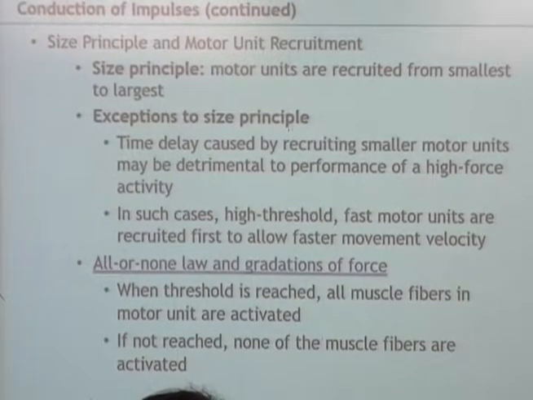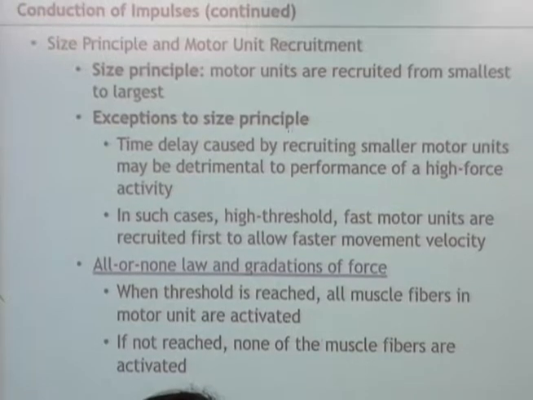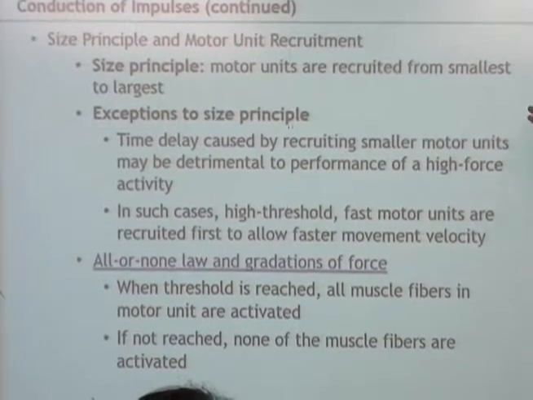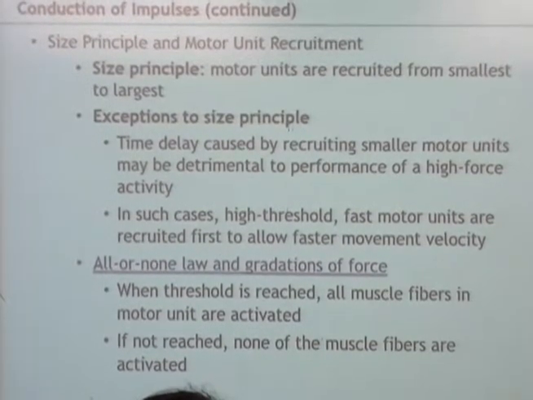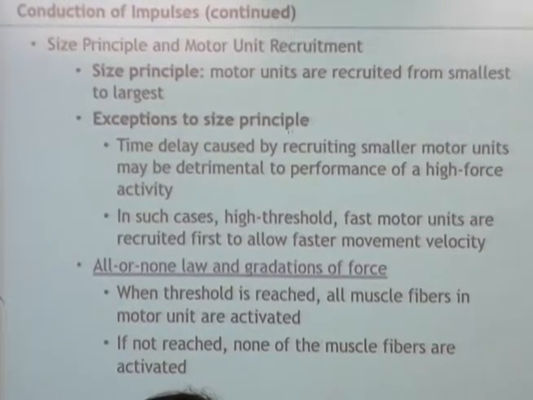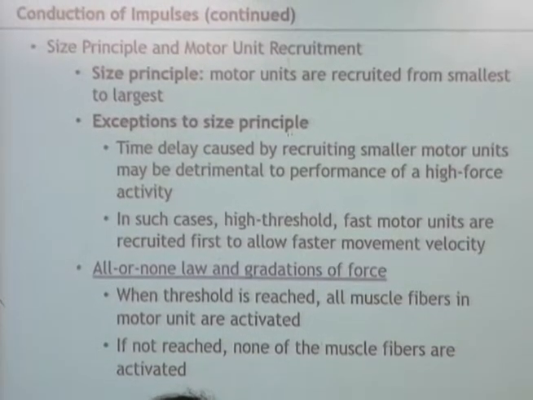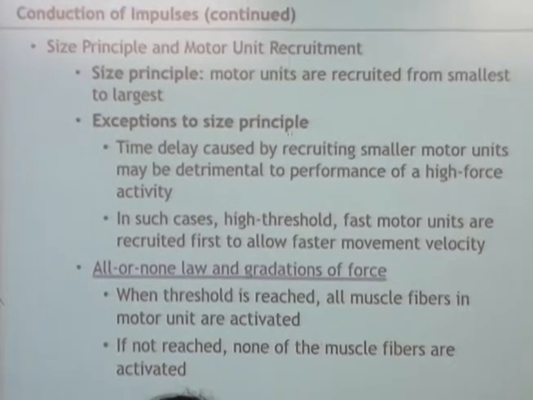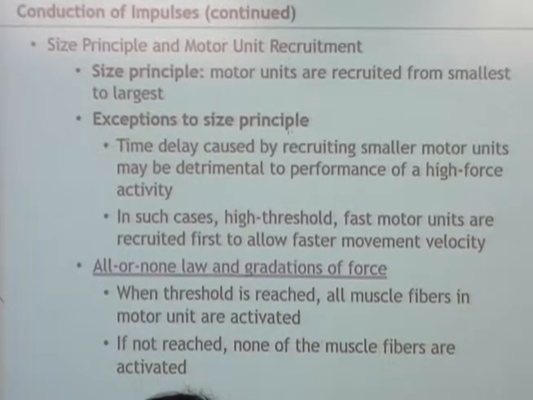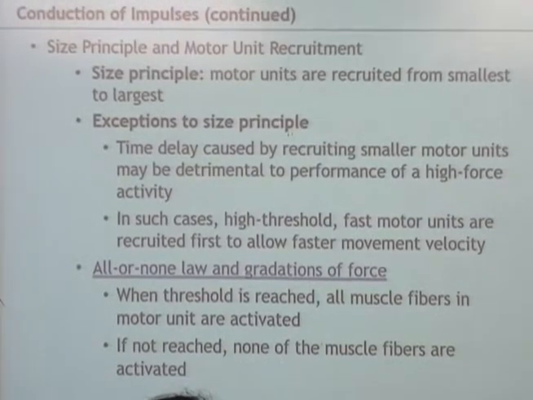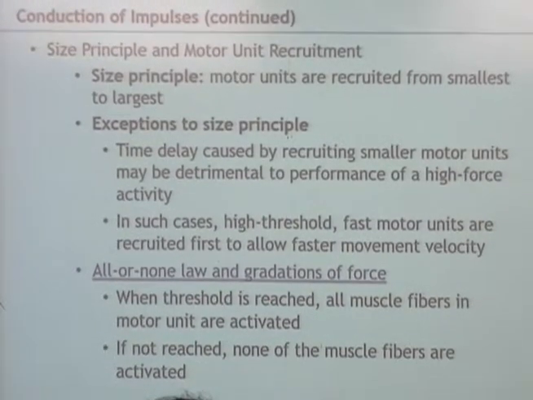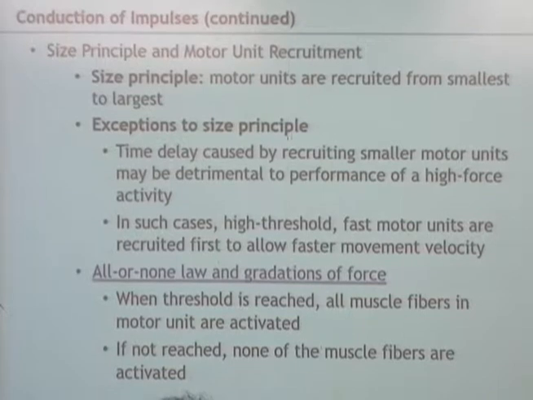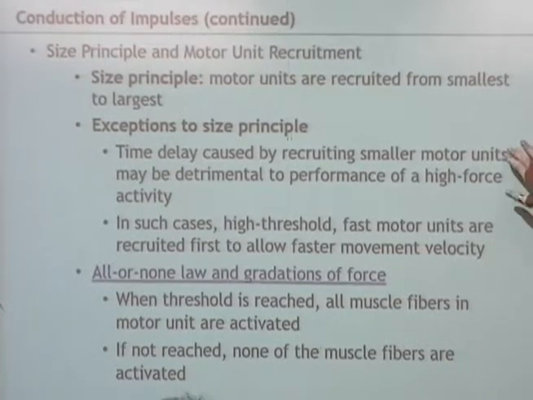So, at times, the brain can override the rule and turn the type 2X on straight away. Okay? If the activity demands high force to be successful, there is a way of the nervous system overriding the rule.